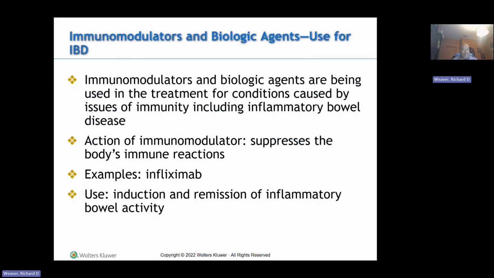And also remission of inflammatory bowel activity. So we're giving these drugs in the beginning or initiating it, also known as induction. And also we're trying to achieve remission of these inflammatory bowel diseases and whatnot.